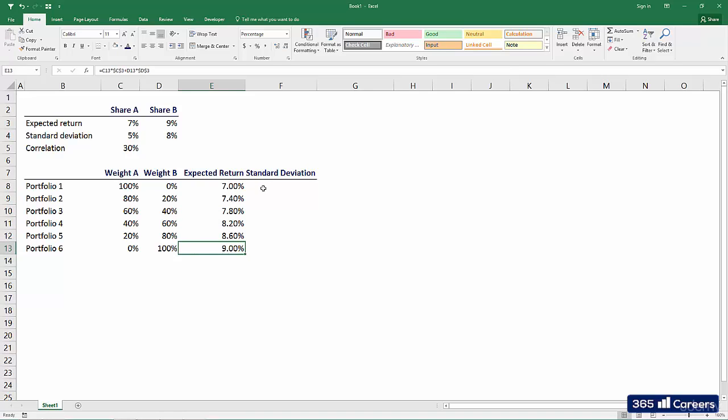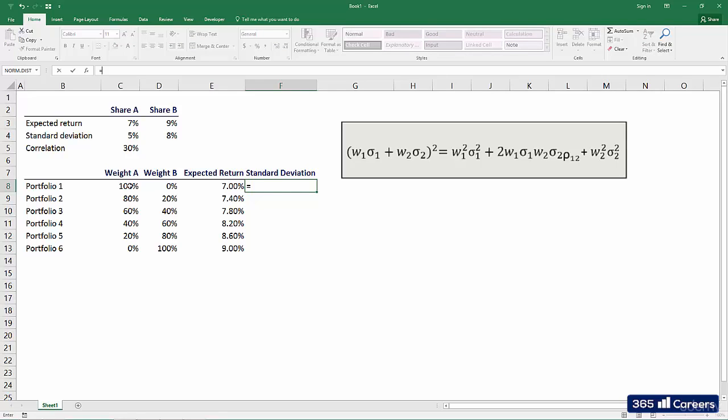The standard deviation of a portfolio is more complicated, but not much. Let's apply the following formula.